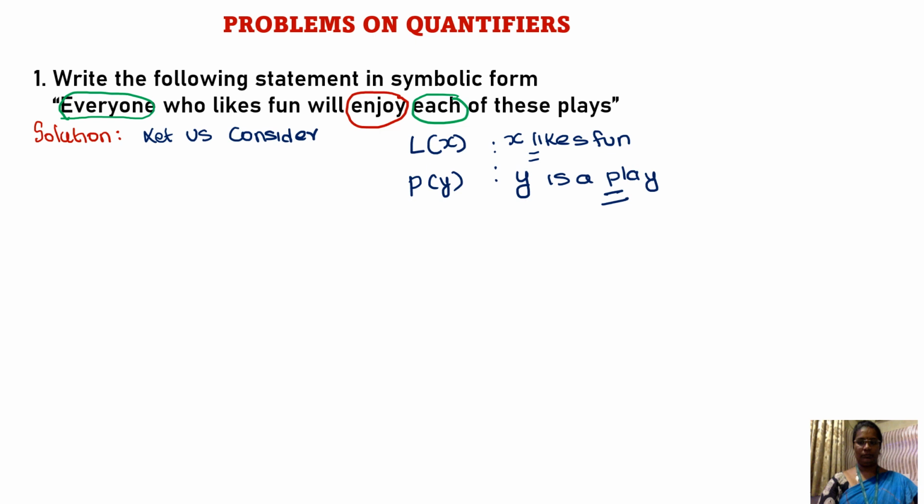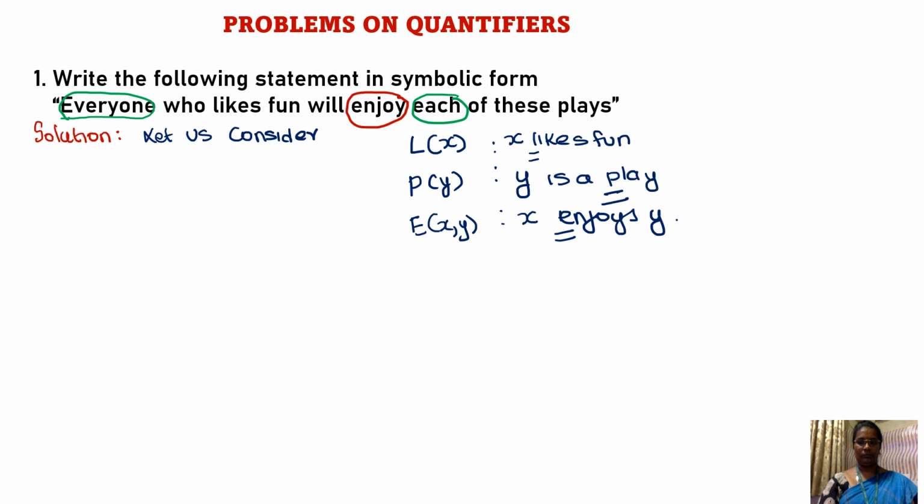So I would consider my propositional function as x enjoys y, which I write as E of x comma y. It is a two-variable function where the predicate is one but the variables are two, connected.